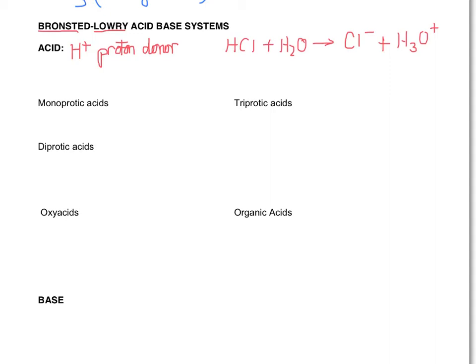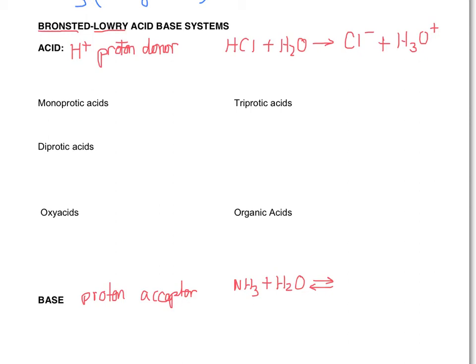A base is a proton acceptor. So it accepts a proton. So for example, if I have NH3 in water, notice I do a double arrow because it's a weak base, not a strong one. If it was a strong one, it would be a one-sided arrow. So a base is a proton acceptor. That means it accepts or gains a proton.